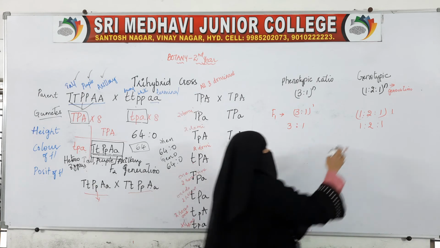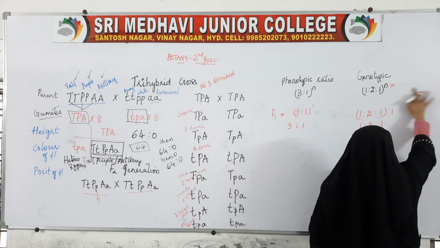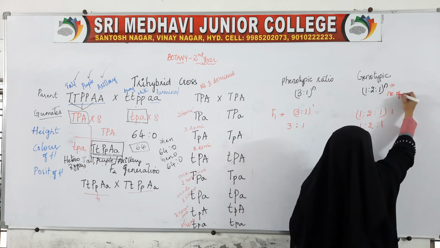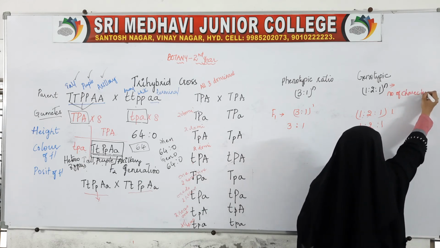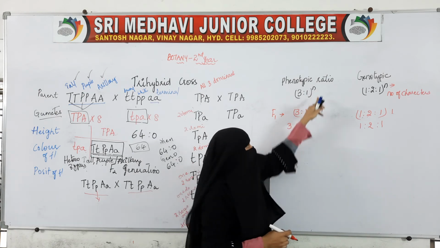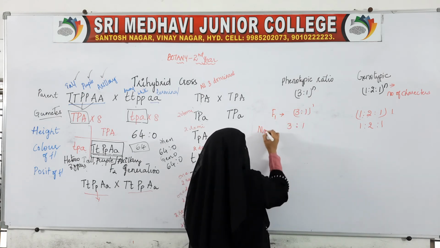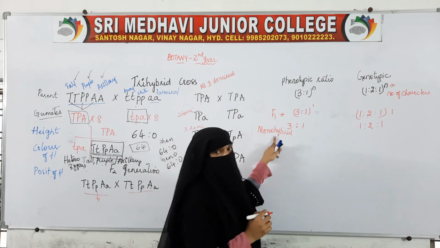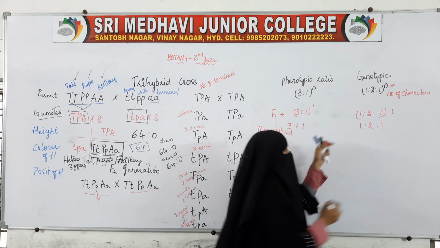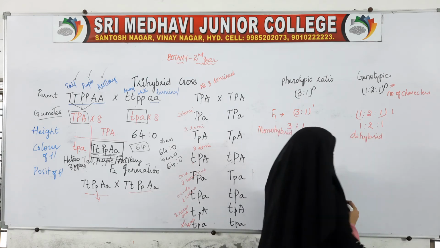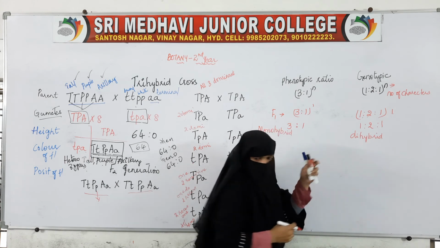Wait. This is the number of characters. Here also the number of characters. So this is for monohybrid, and this is for dihybrid. Wait.